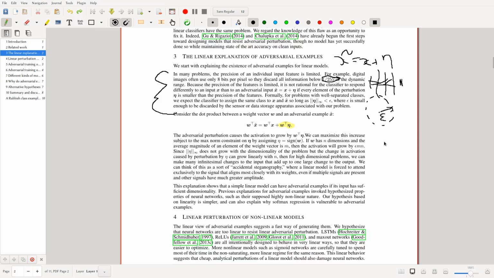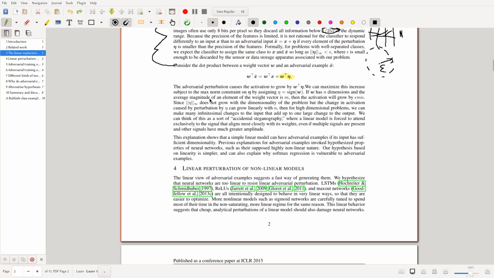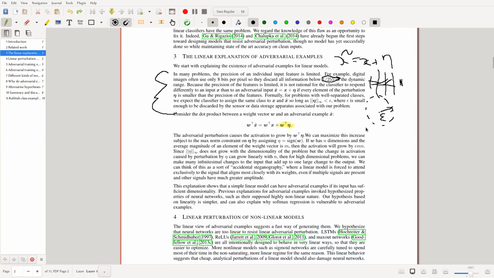This leads to something like Lipschitz continuity, where you want to bound this Lipschitz constant from above, or else the network becomes too volatile to perturbations, to adversarial samples.